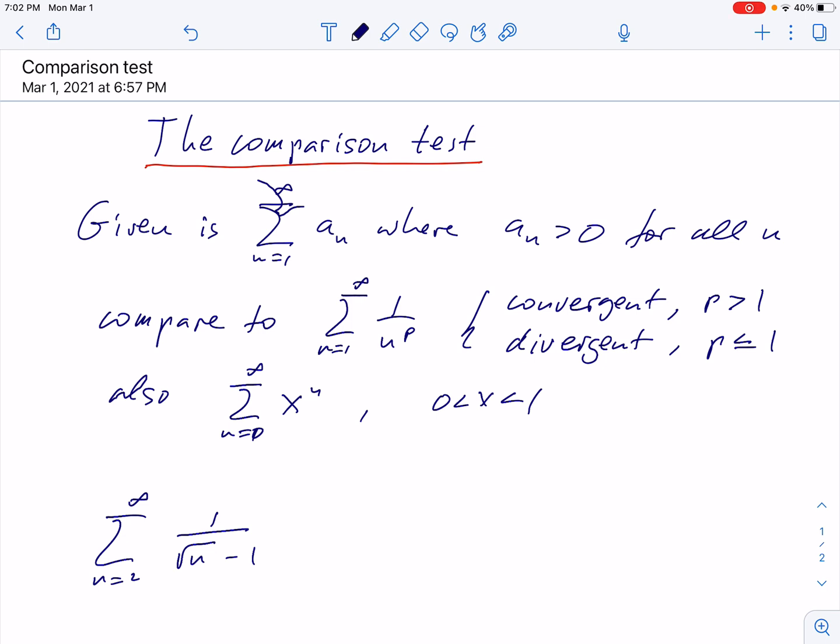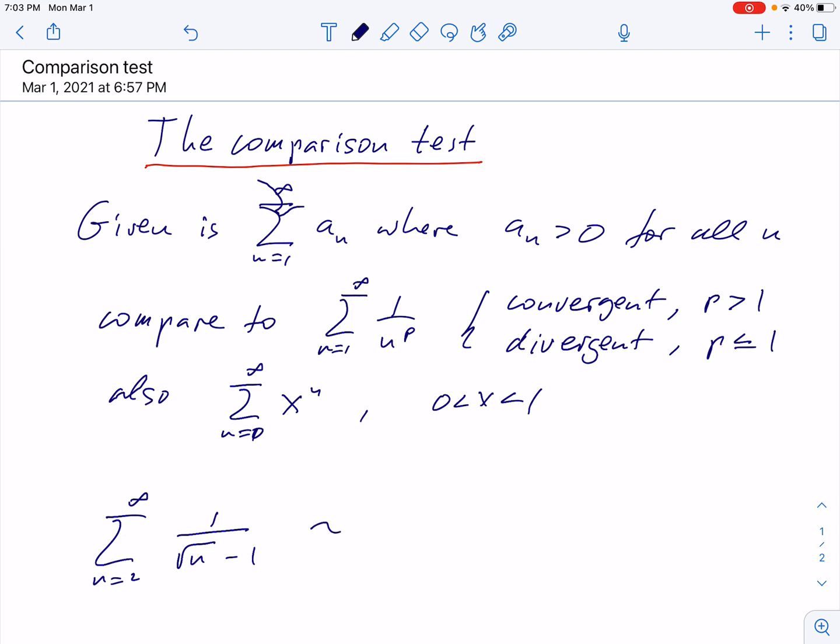When we look at this radical here, it's square root of n, so it's n to power 1/2. We can compare to P series, but what to do with this negative 1 here? Minus 1. We just drop it.